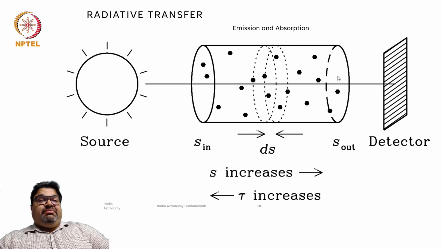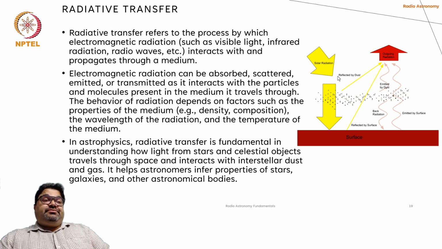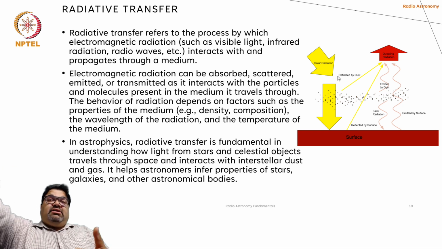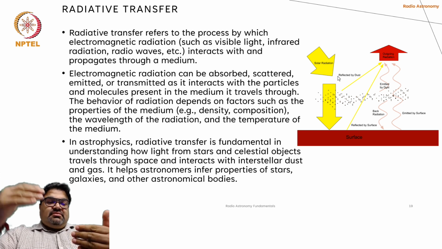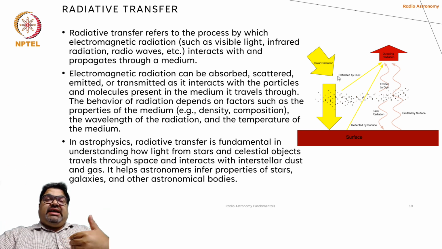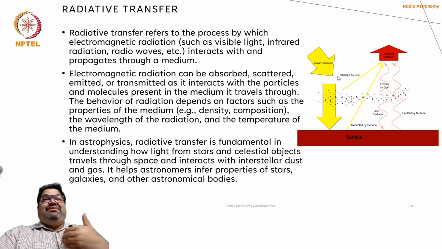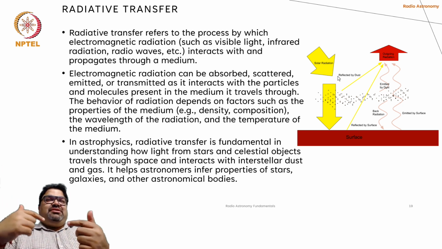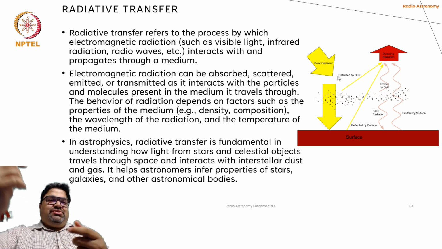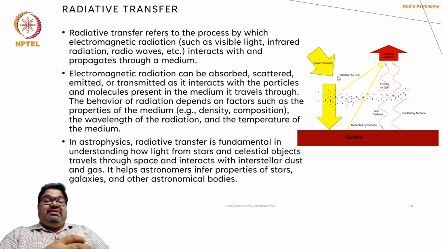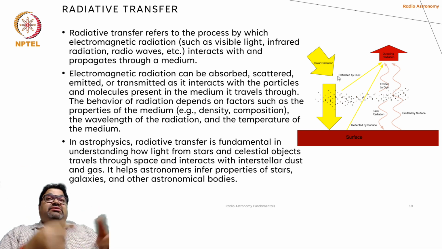Sometimes we know the background source well enough to use this principle to characterize the intervening medium. Sometimes we know the intervening medium well enough to decouple its effect and understand what the actual radiation is. You can use it in both ways.